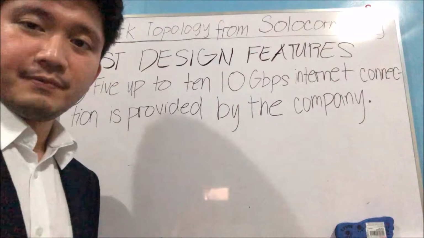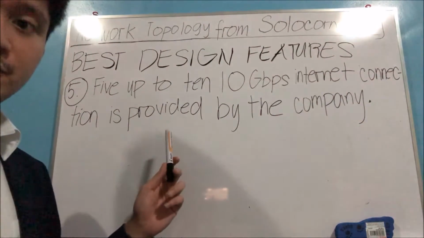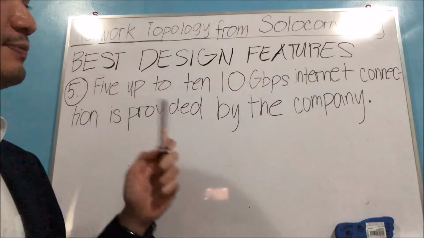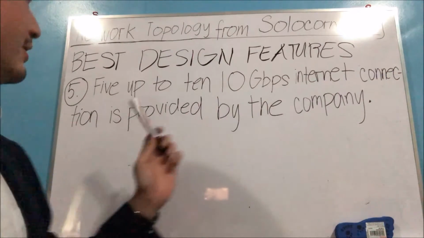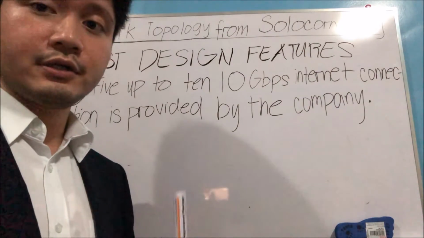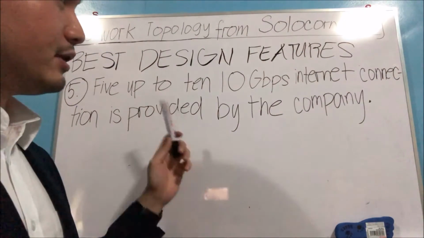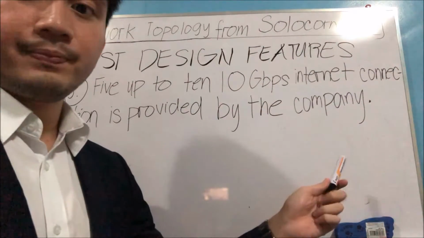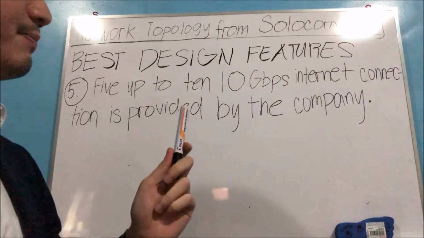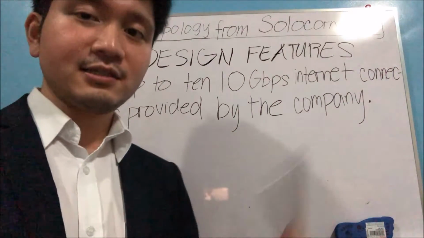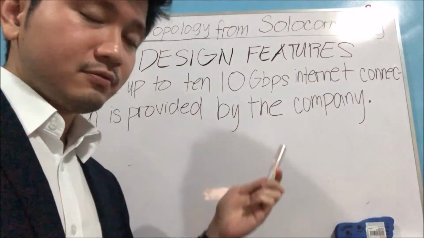And our fifth best design feature for our proposal is that a 5 up to 10 Gbps internet connection is provided by the company, which is the Solocorn company, and it would be distributed to all of the building here in Roque Roaño. Our sixth best design feature would be shown in the next video.